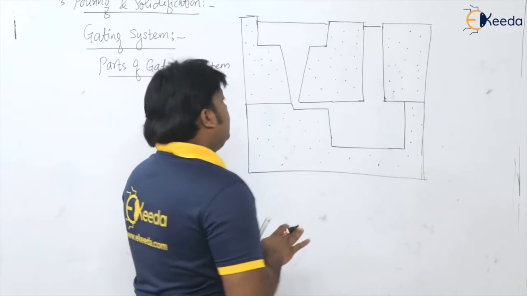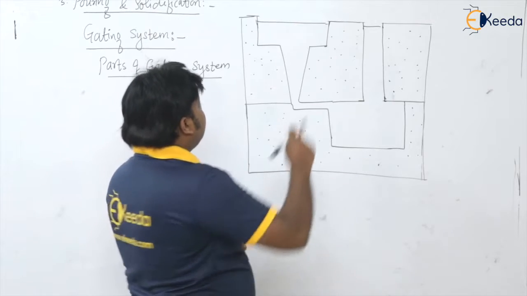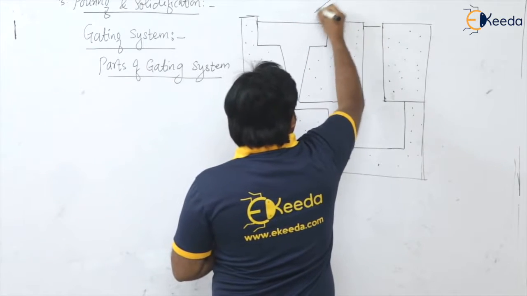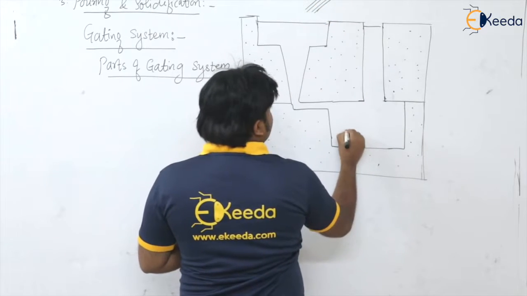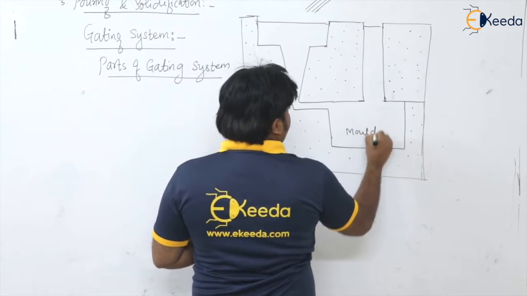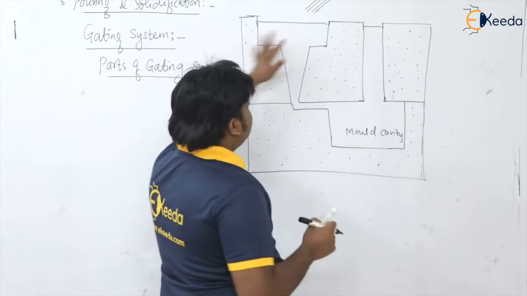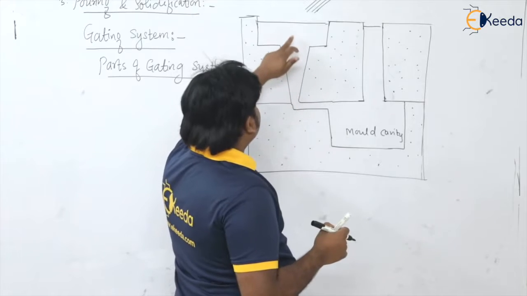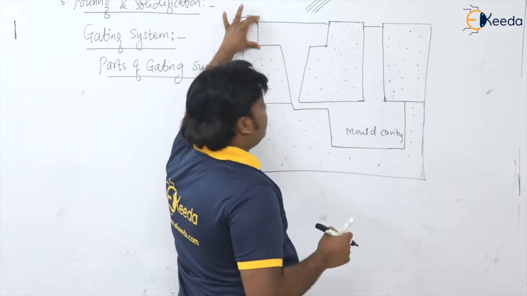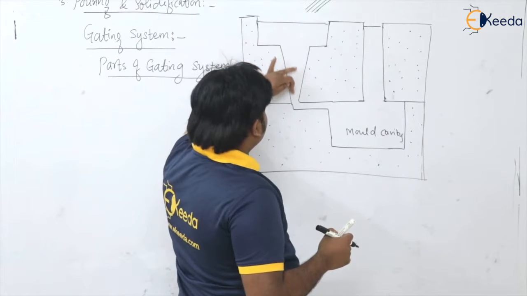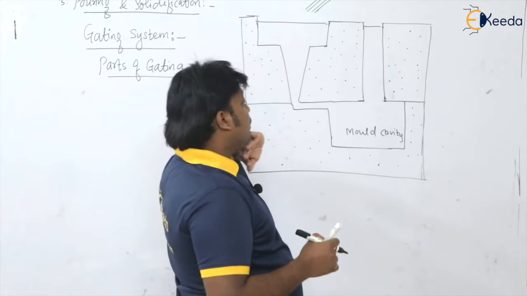Now see here, in this gating system, starting from the ladle, we have poured the molten metal and it is going to reach this mold cavity. The molten metal first comes here, then it flows through this passage, and ultimately it comes to the mold cavity.